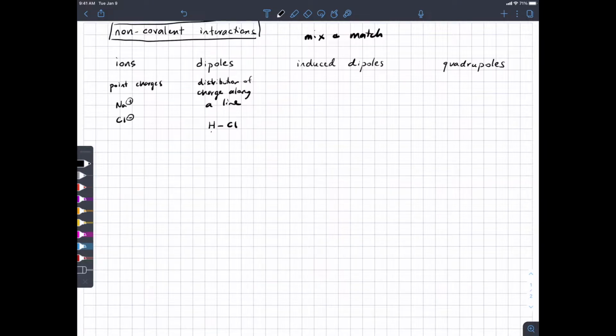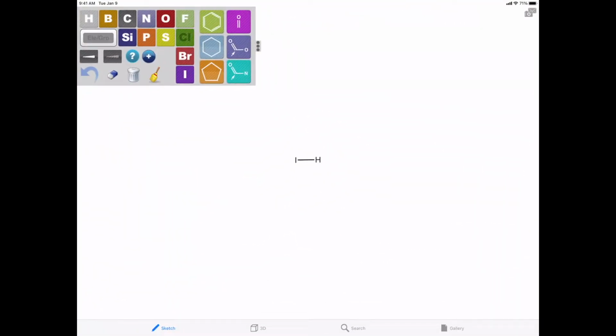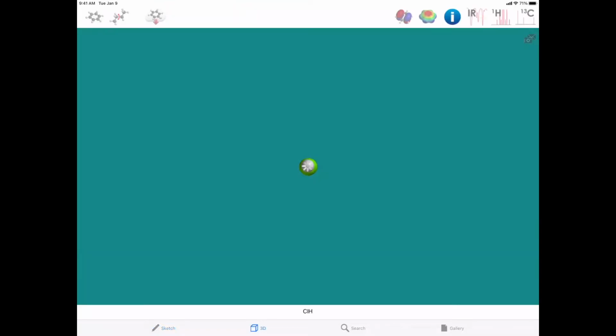We represent the dipole with a line that goes like this with the arrow towards the negative end. Another way of looking at that would be to write a delta plus near the hydrogen and a delta minus near the chlorine.